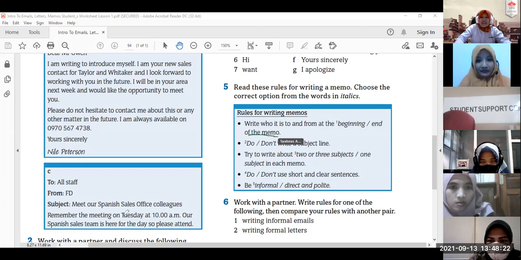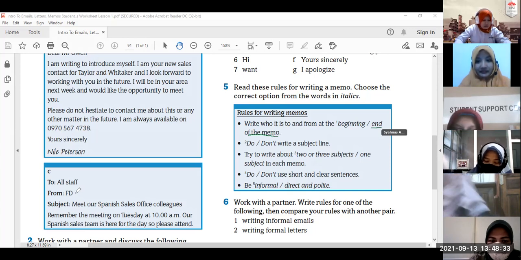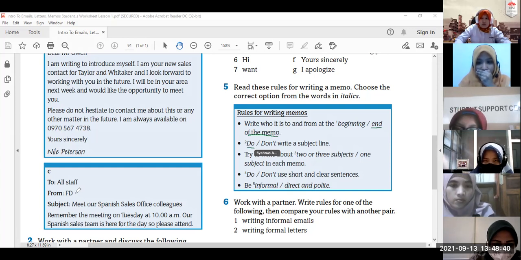To all staff, from FP. Okay. Right. We must say right one. Okay, how about this one? Others, you can try it. You can try it using your annotation.